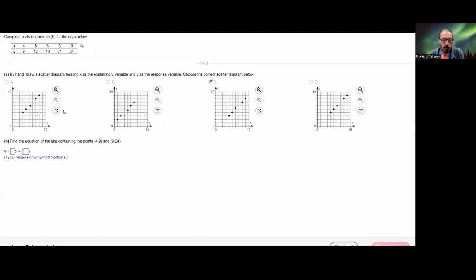We are asked to write the equation containing the first point in the table and the last point, 4, 9 and 9, 24. To do that, I'm going to compute the slope and then plug that in along with one of the points to find out what the y-coordinate of the y-intercept is. So our 2 points were 4, 9 and 9, 24.